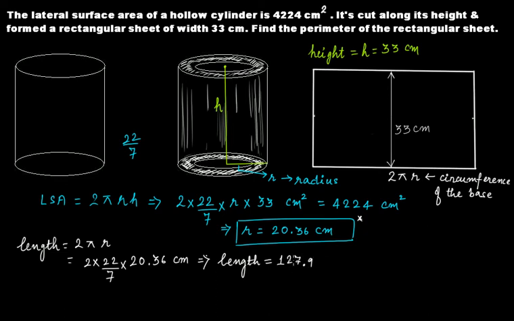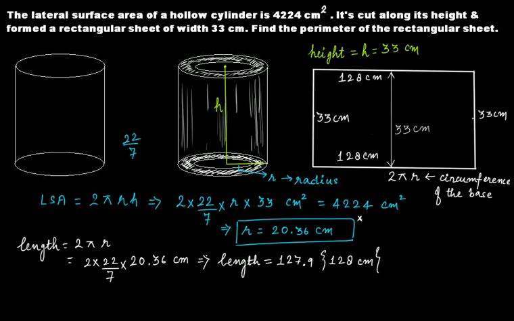We can round it off and say 128 centimeters. So this length is 128 centimeters. This length will also be 128 centimeters since this is a rectangle. This is given 33 centimeters and this will also be 33 centimeters.